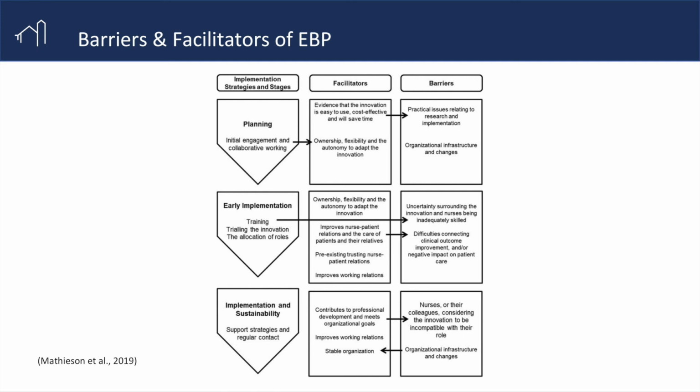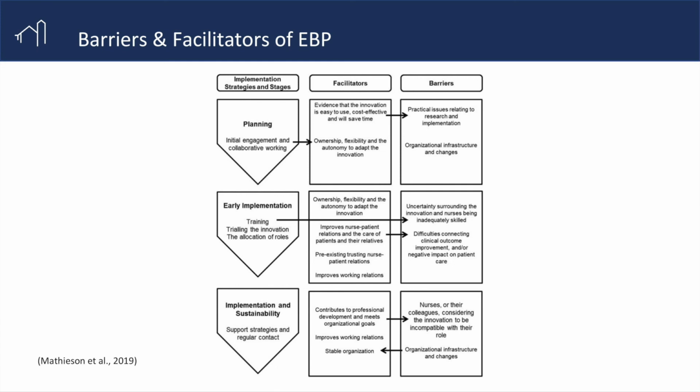In the early implementation phase, which in this study involved training, trialing, and the innovation, and then allocation of roles in relation to the intervention, facilitators included, again, ownership and flexibility over the approach, relationships between the nurses and their patients, pre-existing trusting nurse-patient relations, and then also improved working relations.